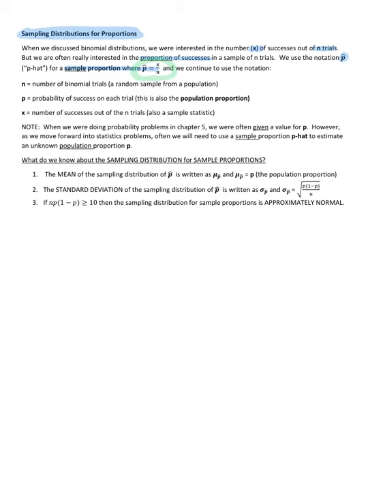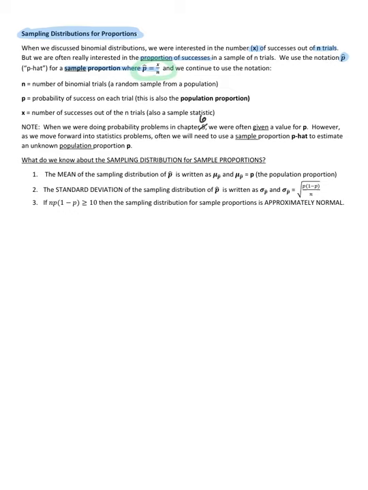Now you might be wondering why we need to know about p hat here. We were always given the value of p, which is the probability of success in chapter 6.